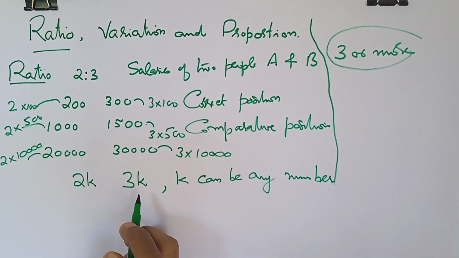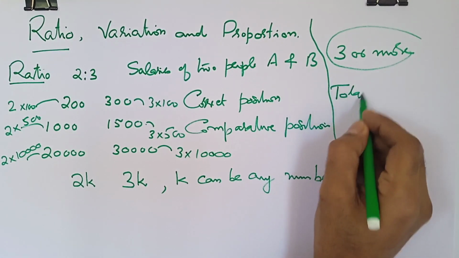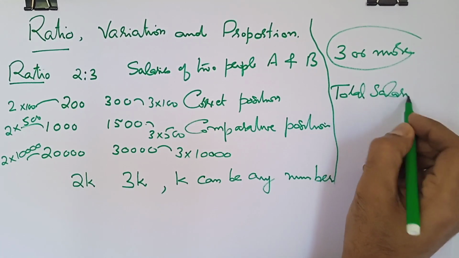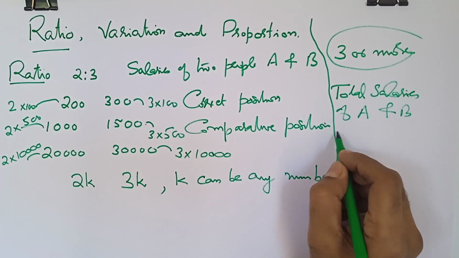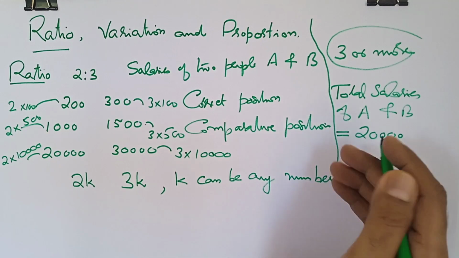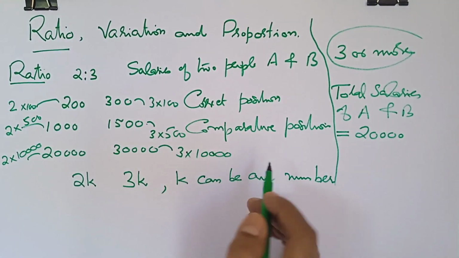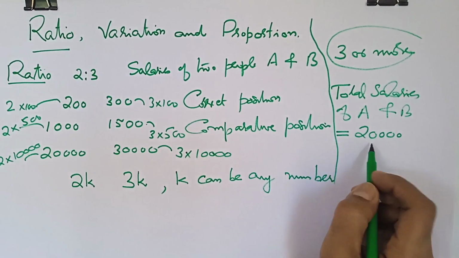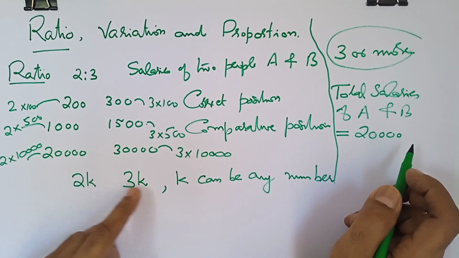Supposing there is additional information in the problem saying that the total salaries of A and B is equal to say 20,000. Apart from their salaries being in this ratio 2:3, if you are provided with this information also in the problem, you will be able to correctly fix the value of K.